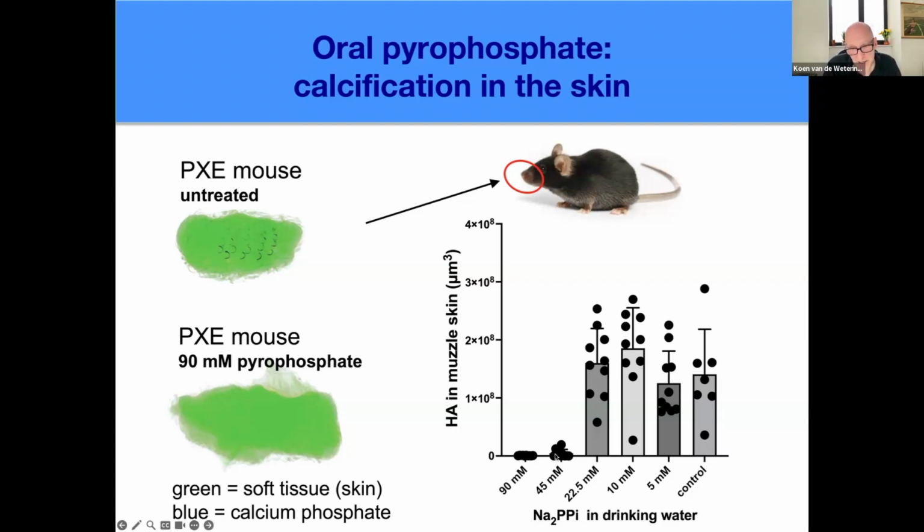But if we went even lower, then we couldn't distinguish from animals that were not treated. And 45 millimolar, if you would translate that to human PXE patients, that is still too much to give to a PXEer.